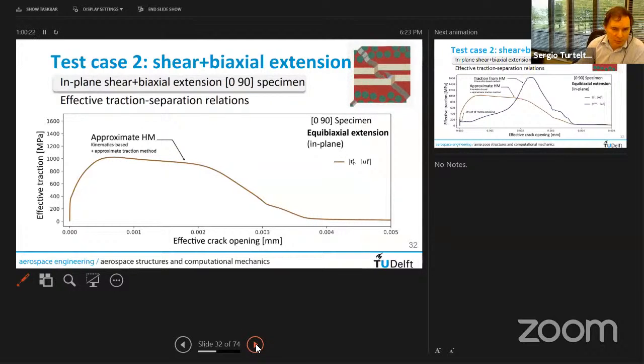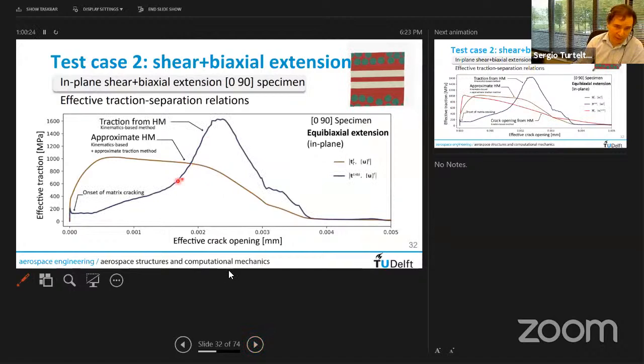The other method is the one where we average. The effective crack opening is the average of what happens in the matrix. And then, as you can see, at about 80 megapascals is where there's the onset of matrix cracking. And so there's a huge opening that occurs here.